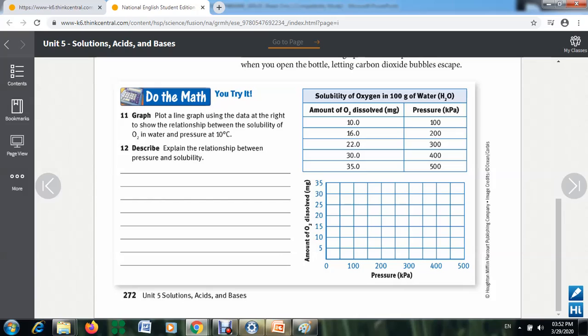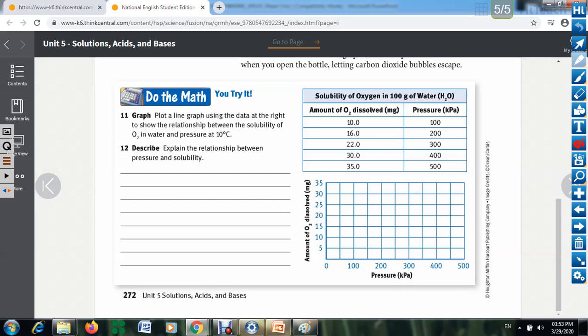To understand how the pressure will affect the solubility of gases, you have question 11 and question 12. In question 11 and question 12, you have a table. This table represents the solubility of oxygen in the same amount of water, the standard, which is 100 gram of water.